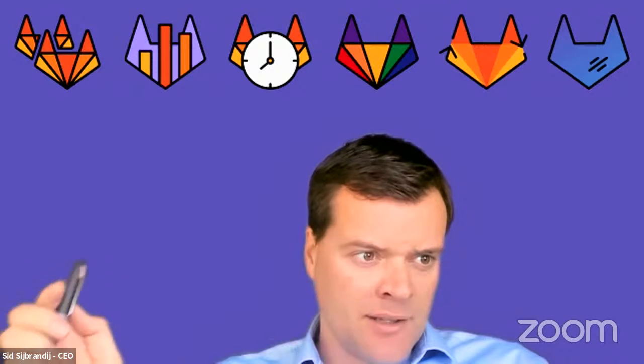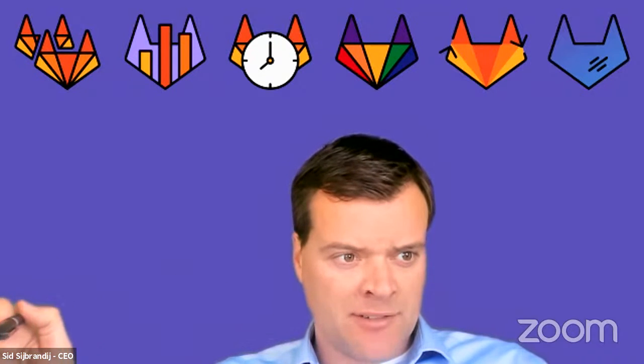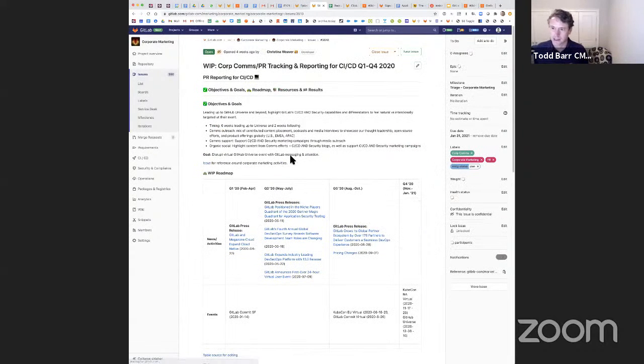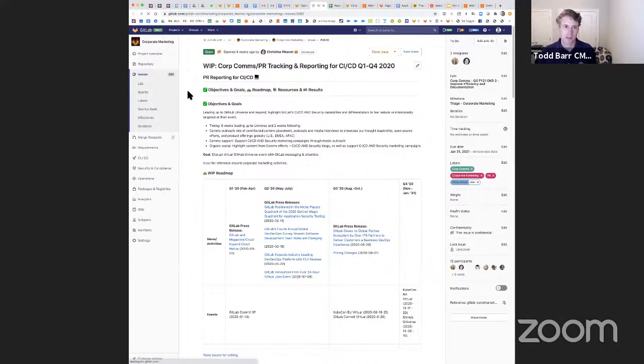If we have a share of voice metric related to CI established for FY22, I assume that's still a placeholder, and we'll fill that in the coming weeks. That one KR is to establish what that metric is. Oh, okay. There are 2 other KRs under that objective that are metrics driven: 20 identified large CI takeout SAOs and 50,000 views of CI specific content achieved.